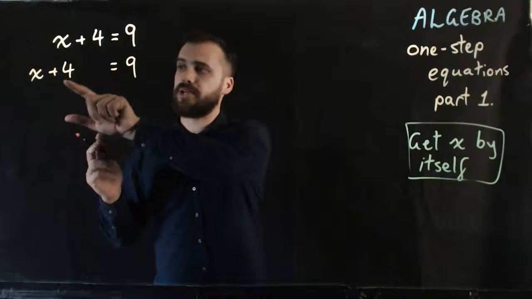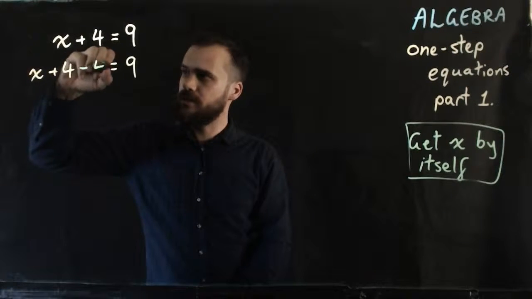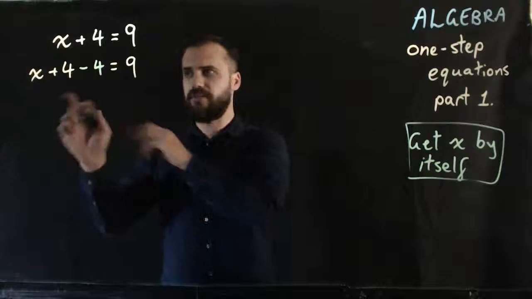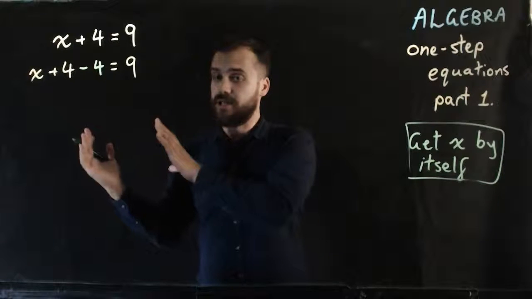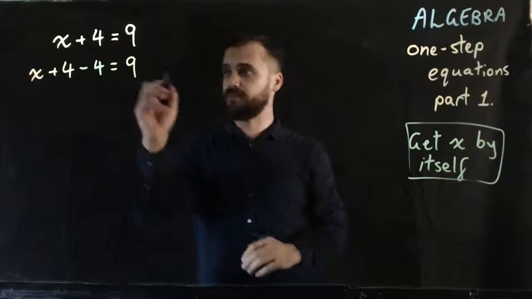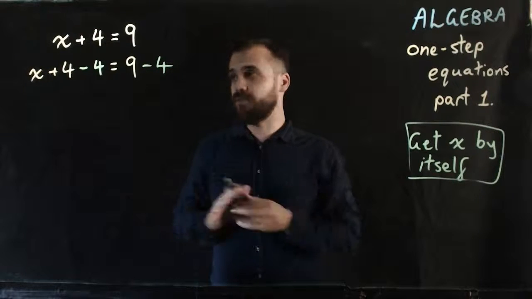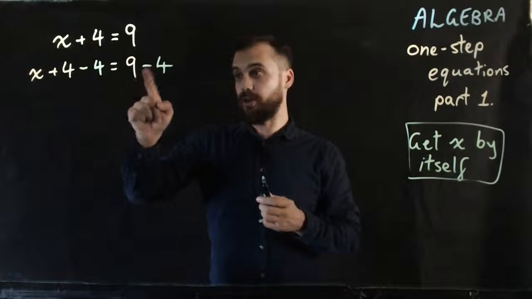So x plus 4, I'm going to use a different colour pen here, minus 4. Now, if I do that on the left-hand side, if I subtract 4 from this side, remember, what you do on that side, left-hand side, you have to do on the right-hand side. Okay, so now we've got x plus 4 minus 4 equals 9 minus 4.